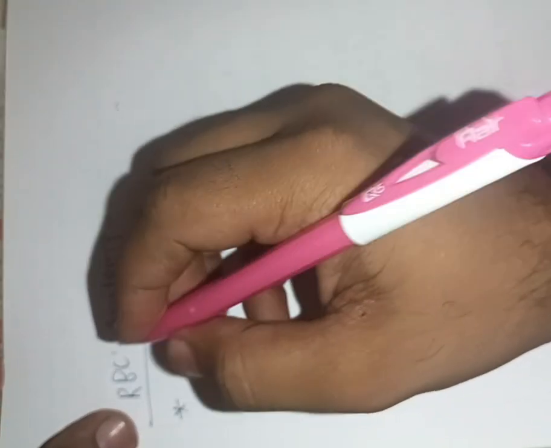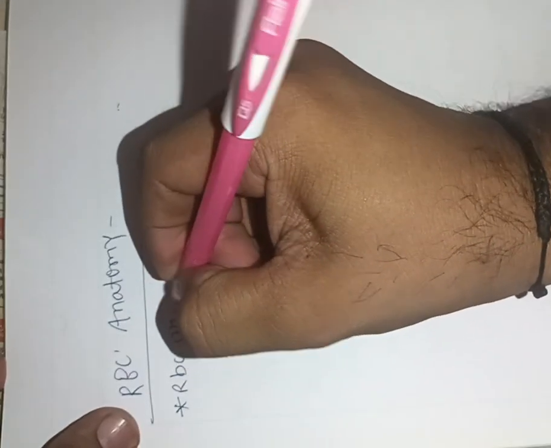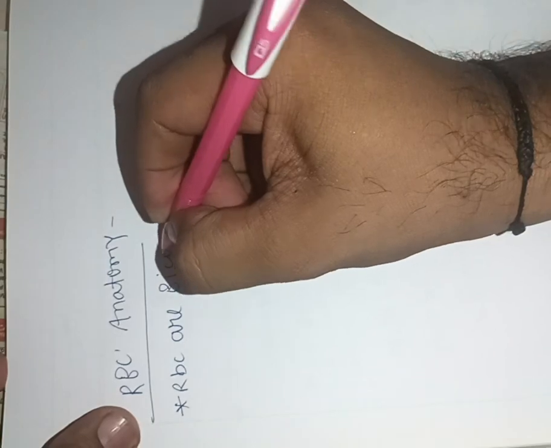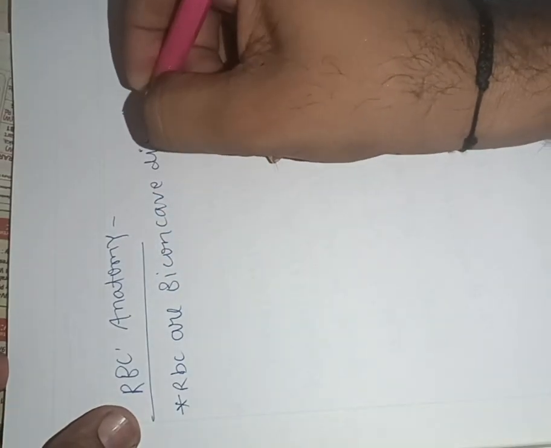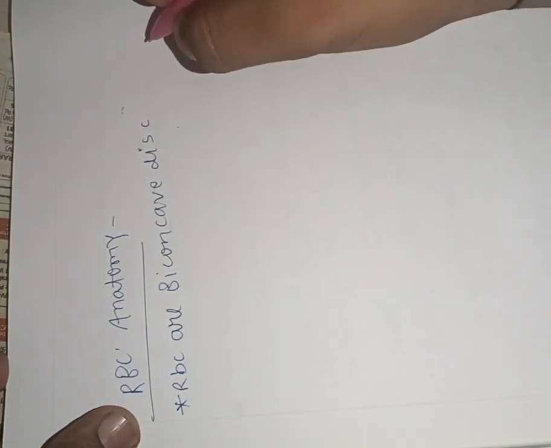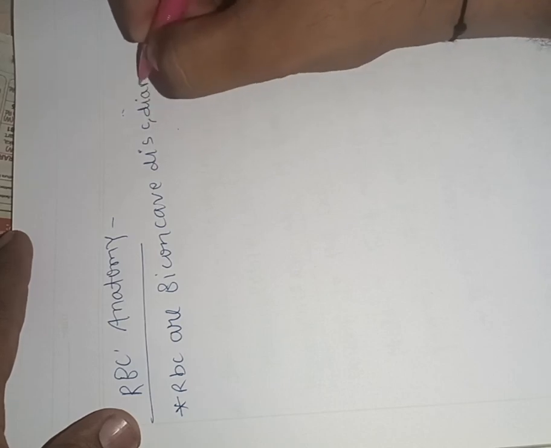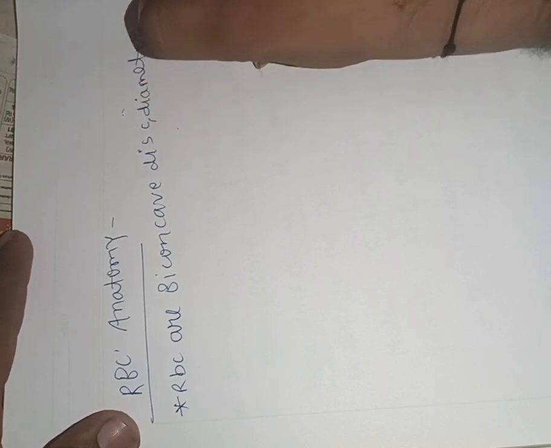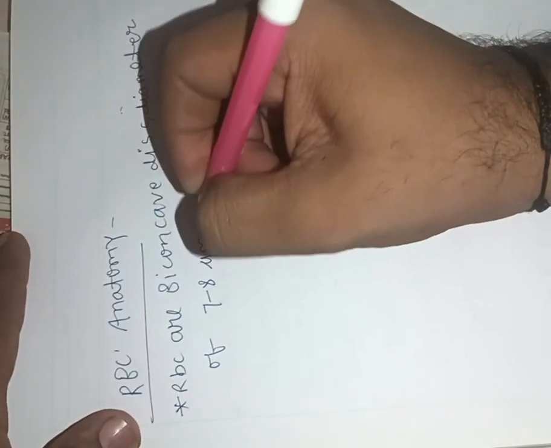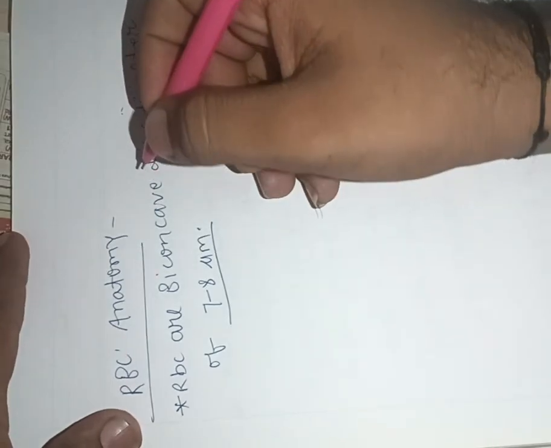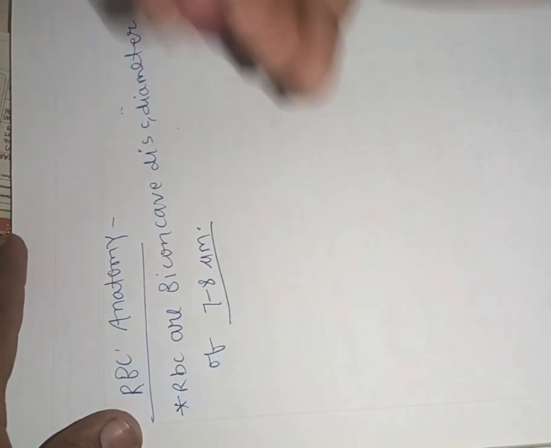So first point is, RBC are biconcave discs with a diameter of 7 to 8 micrometer. Mature red blood cells have a simple structure.